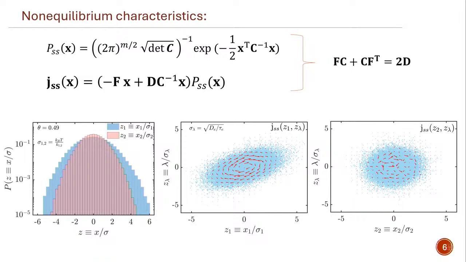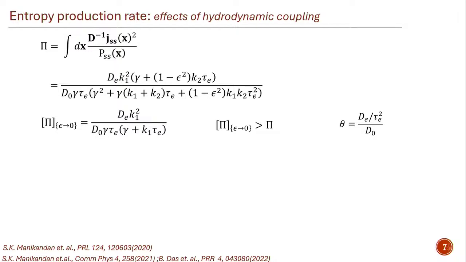Then we estimate the entropy production rate with the interaction and with x1, x2, lambda, three degrees of freedom, and we see the entropy production rate with the interaction is this, and we can take the limit when there is no interaction, epsilon tends to 0. What we get is that without the interaction, the entropy production rate in this phase space, which is spanned by x1, x2 and lambda, is higher than with the interaction.